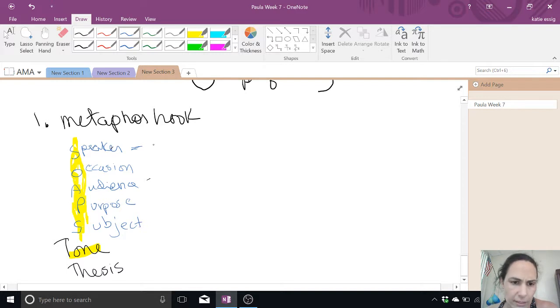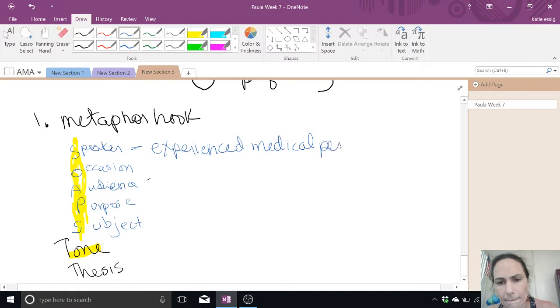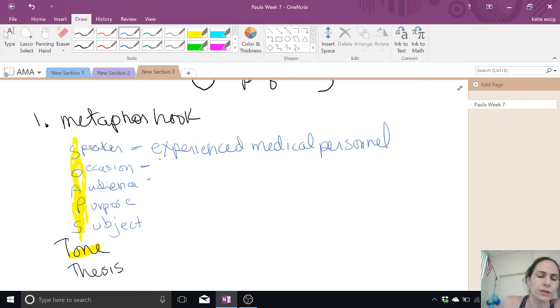And then I'm going to say, experienced medical personnel. What's the occasion? What's happening in the world that people are even debating if they should put their elderly parent in a nursing home or keep their elderly parent at home?